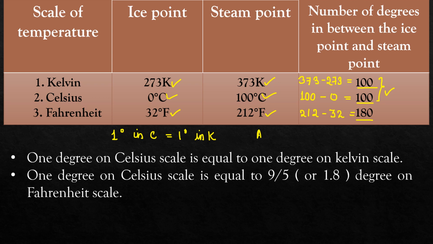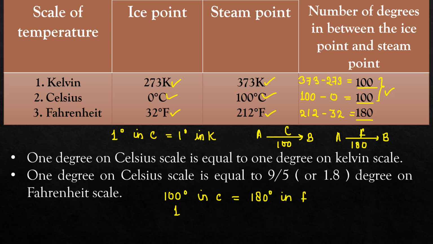Means a length A to B is divided into 100 equal parts in the Celsius scale. But the same length A to B is divided into 180 equal parts in the Fahrenheit scale. Since the length is the same, 100 degrees in the Celsius scale will be equal to 180 degrees in the Fahrenheit scale.